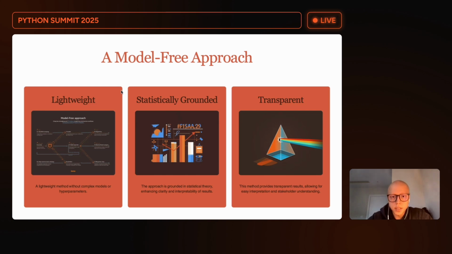It is statistically grounded in the sense that you can actually even prove some theorems about so-called sure screening properties: based on some assumptions you will get the right set of features and filter out everything that does not impact the target variable of interest. And it is transparent, which is also related to it being easy to understand and easy to implement. It's easy to explain to stakeholders as well.